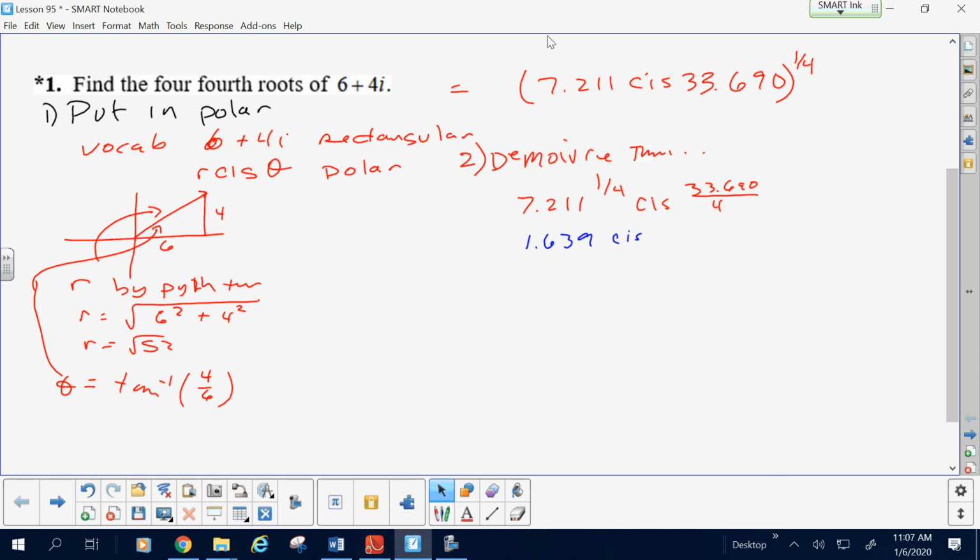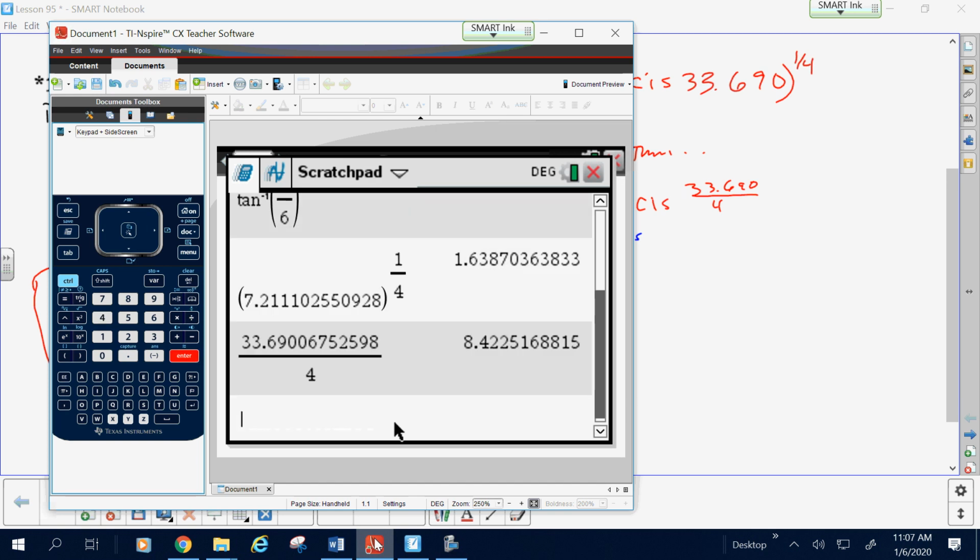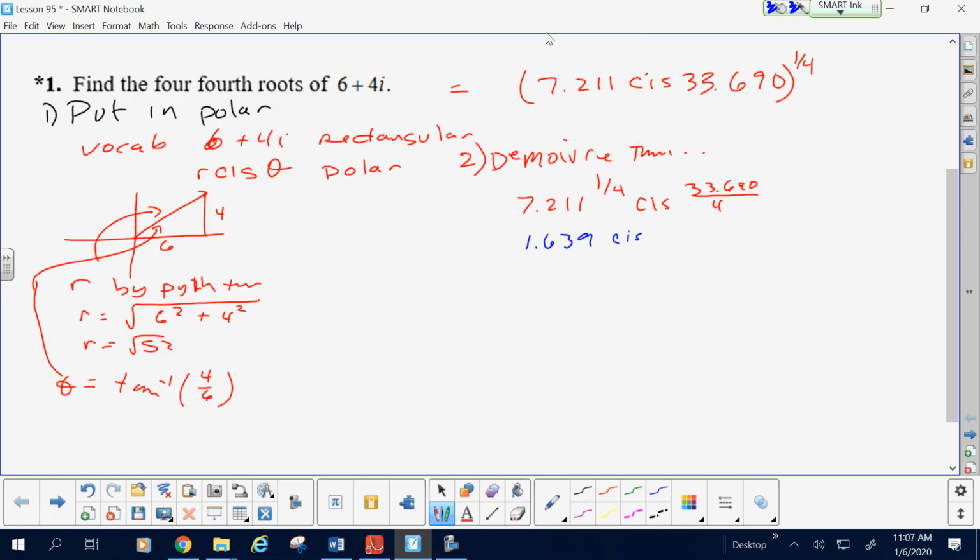Same goes with the angle. Go up to the angle you found, grab it, but now we're going to do what to it? Divide by 4, 8.4225. So would I take 8.422? Yes. Would I take 8.423? Yes. And that's degrees. Okay. Am I done? No.